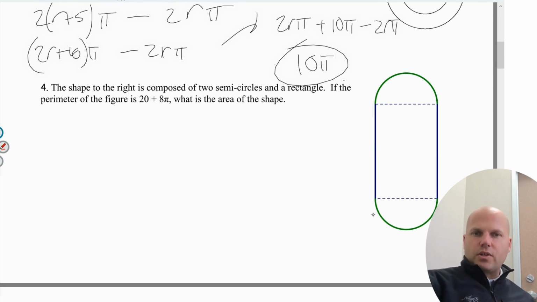Okay, we got two semicircles and we got a rectangle. The perimeter of the figure is 20 plus 8 pi. All right, cool. Well, we got this, we got that. We got two semicircles that have a radius of that.